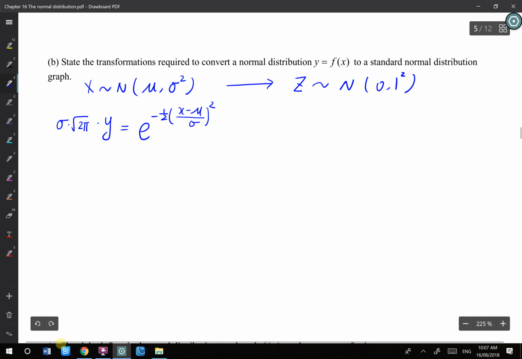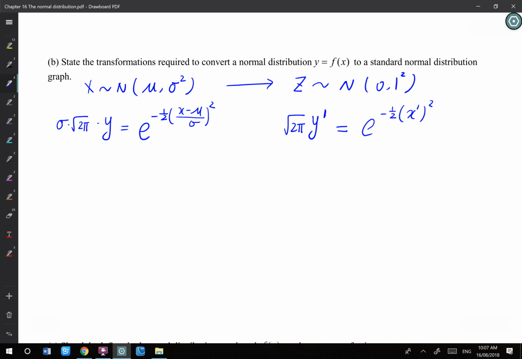On the other side is square root 2 pi y dash, that's the new graph now, equals e to the power of negative a half x dash to the power of 2. Exactly the same as before, we just change the complex one into the front and then the easy one to the back, and then we'll put dash on the easy one because that's the new function. I want to transfer from that to that.